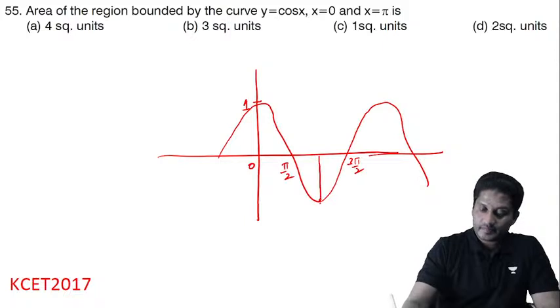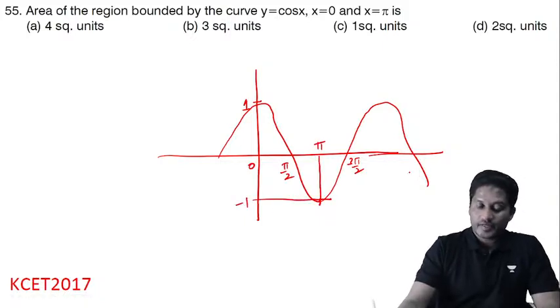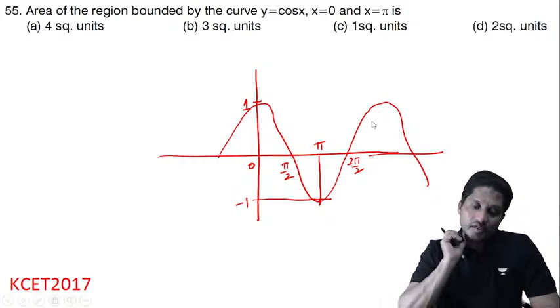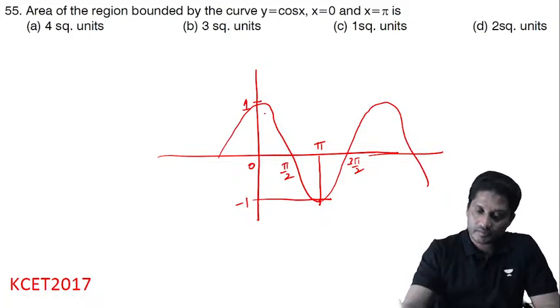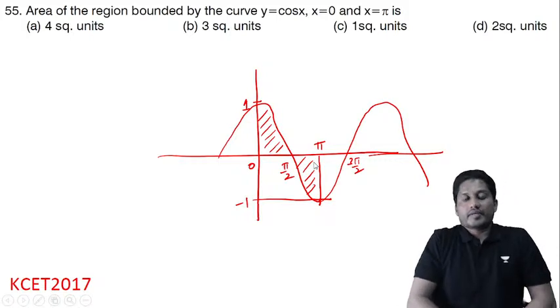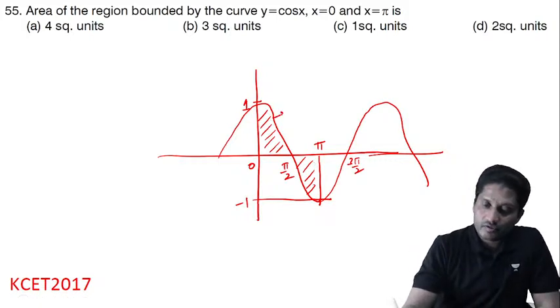This will be pi. Cos pi is minus 1. Find the area between 0 and pi. Right, this area I'm supposed to find. I'll find out only between 0 and pi by 2 and multiply by 2, you will get the full area.